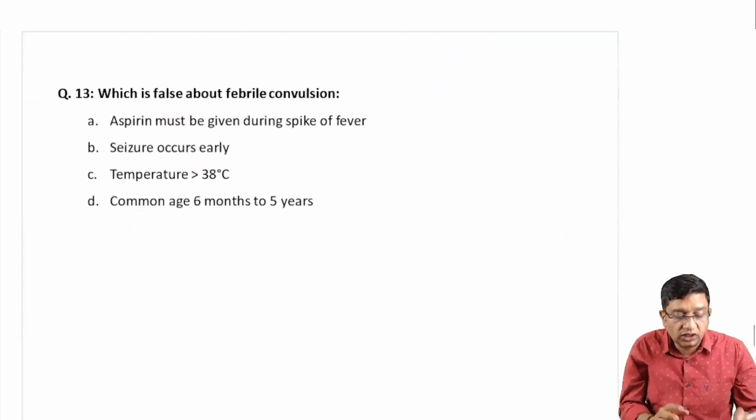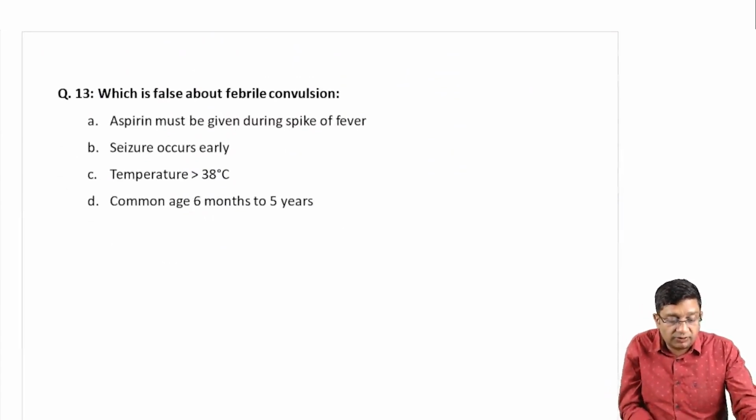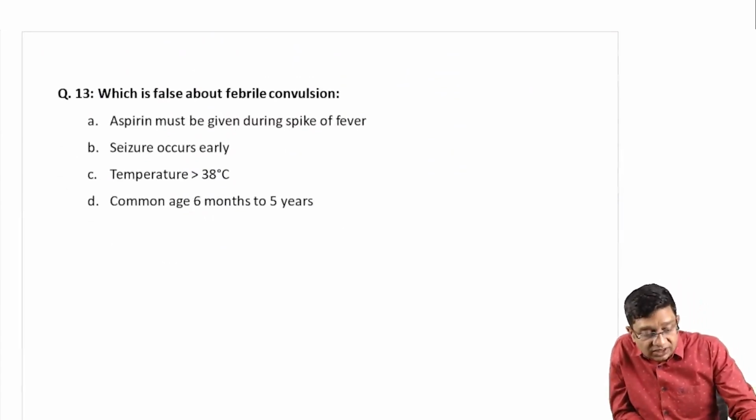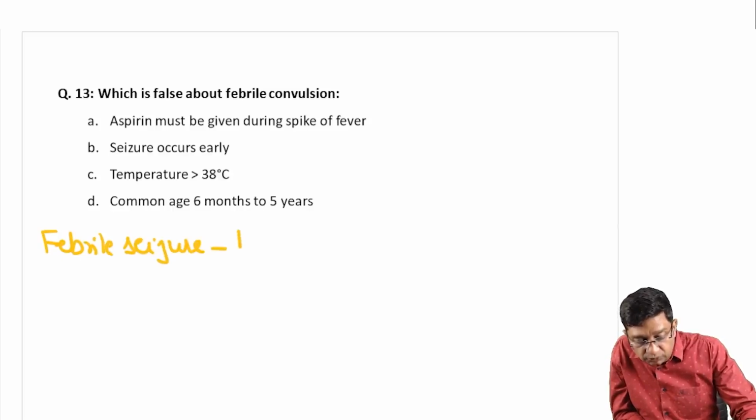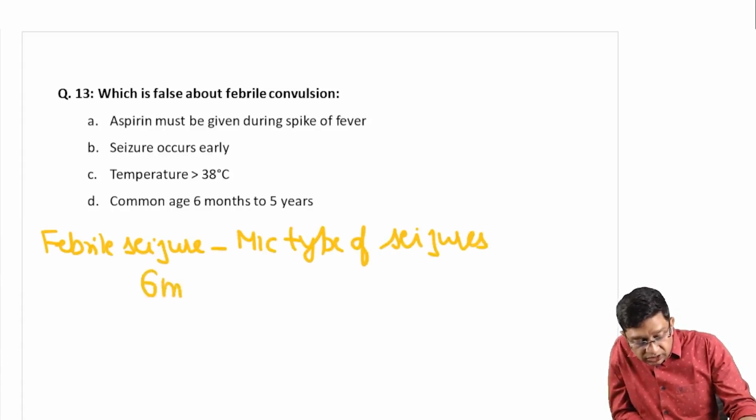Moving on to the next one, which is false about febrile convulsion? Febrile seizures are the most common type of seizures seen in children. The age group is 6 months to 60 months.